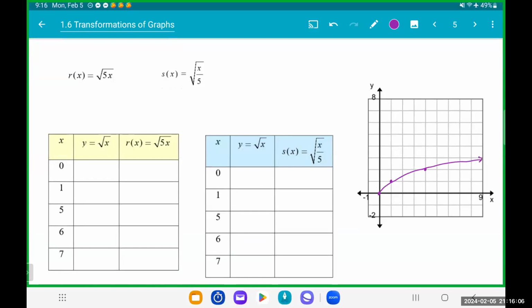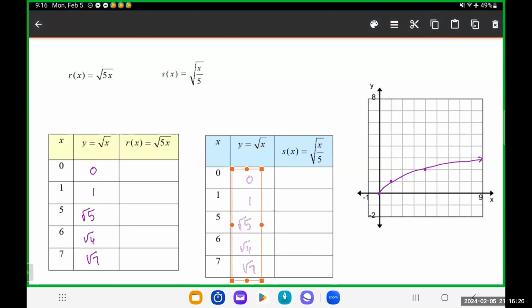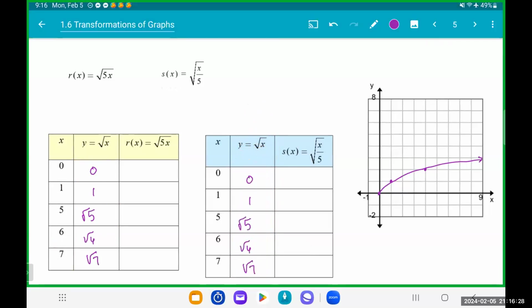So how do we transform it? The values are 0, 1, square root of 5, square root of 6, square root of 7, because you can see our x values changed there a little bit. And we'll keep that the same for both graphs that we're going to look at.